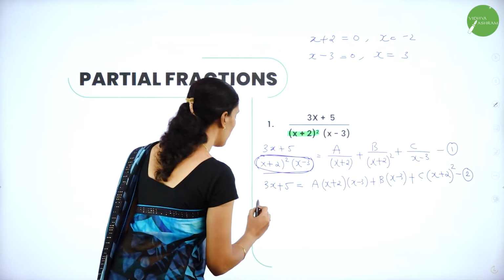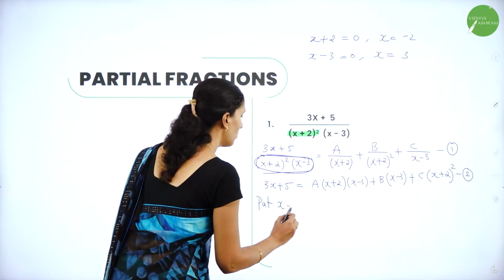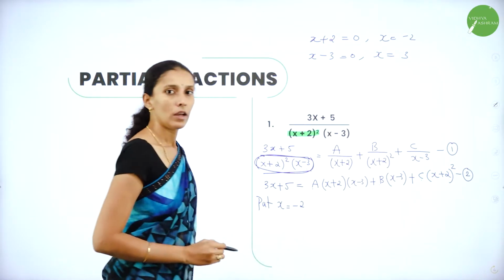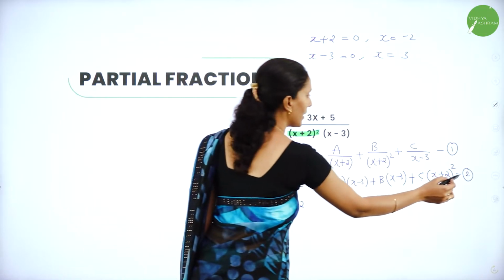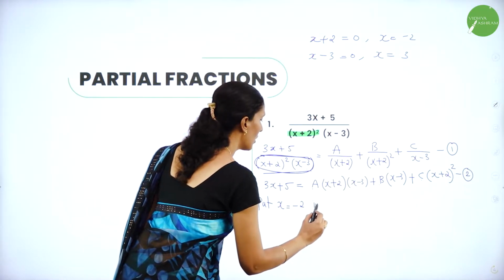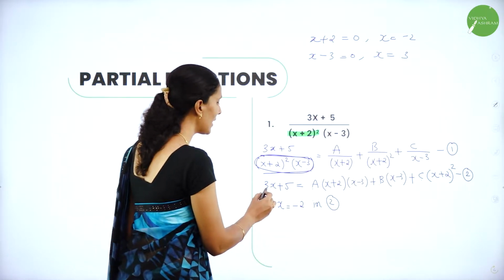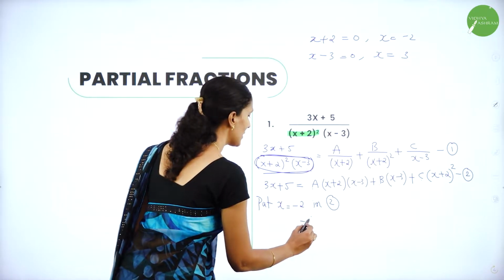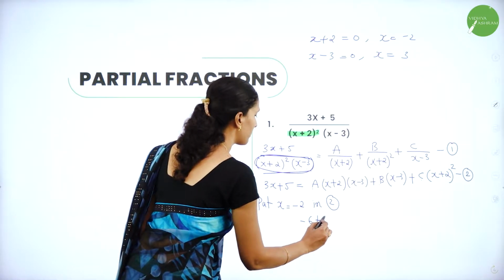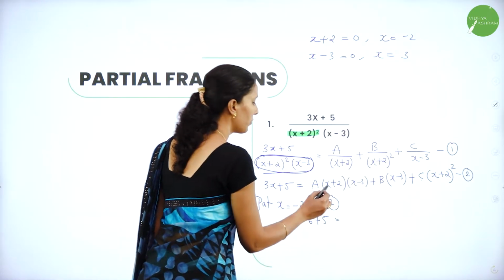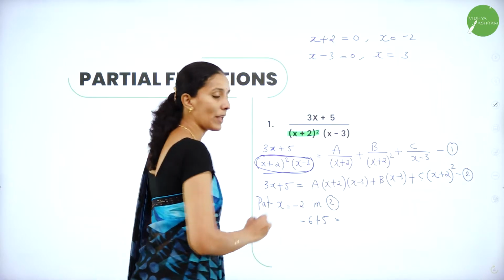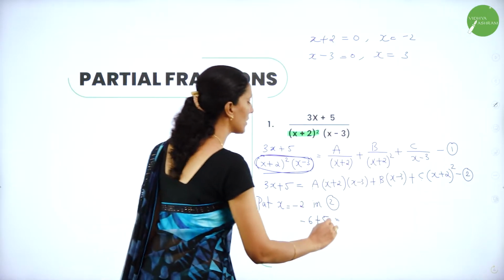Now I'll put x is equal to minus 2. If you put x is equal to minus 2 in equation 2, what will you get? 3 into minus 2 is minus 6 plus 5. Here, if you put minus 2, minus 2 plus 2 gets cancelled, the whole term becomes 0.